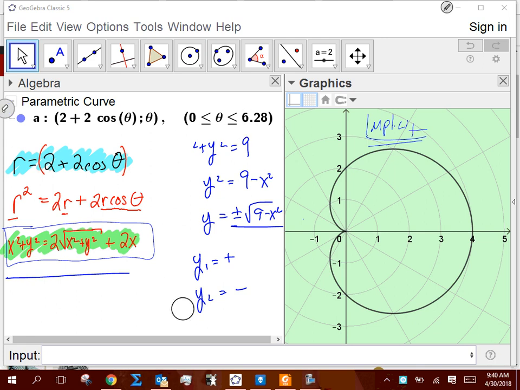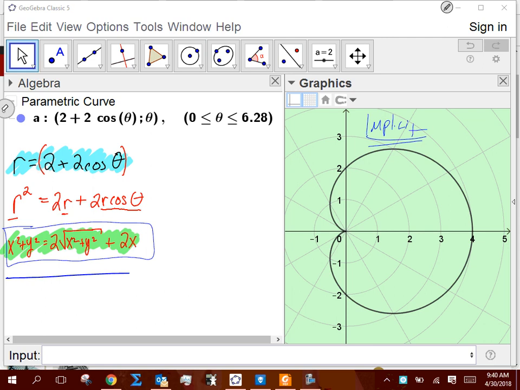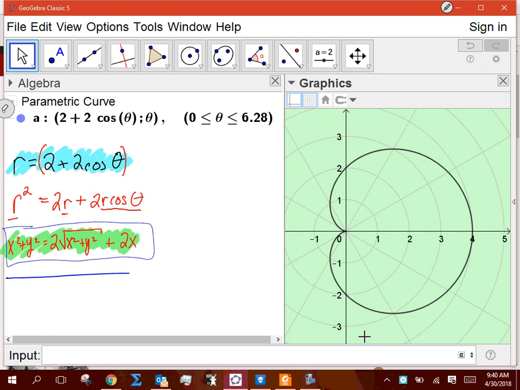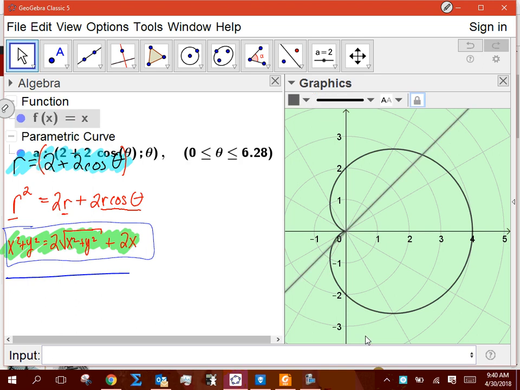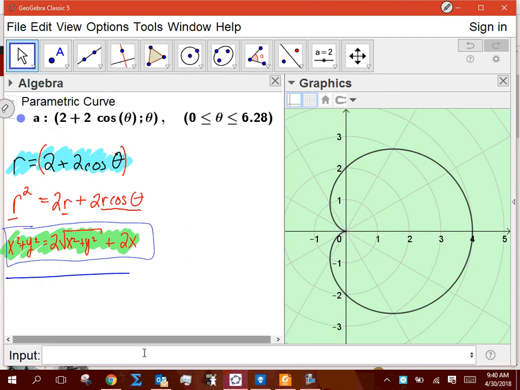So that's the nice thing about having at our fingertips the technology that we have with GeoGebra or Desmos, is that I can just type in x squared plus y squared equals 2 times the square root of x squared plus y squared plus 2x.